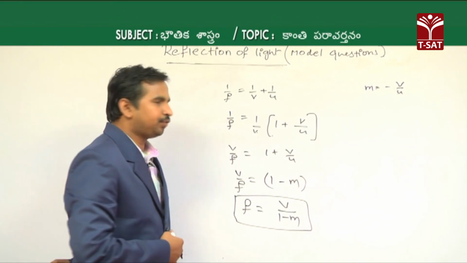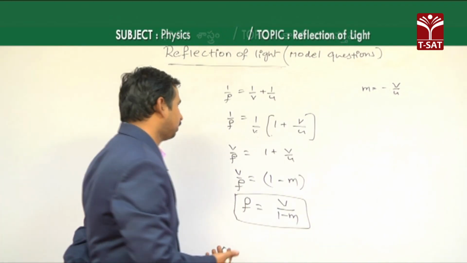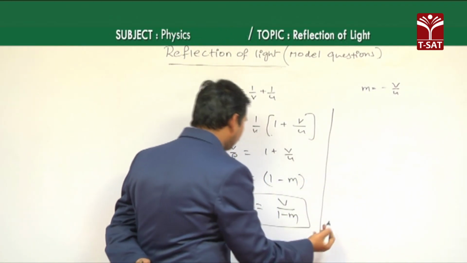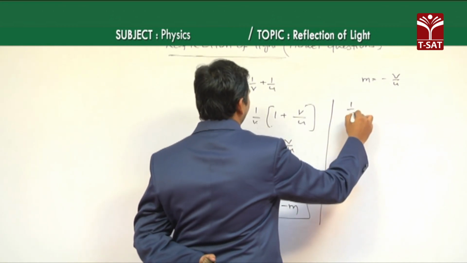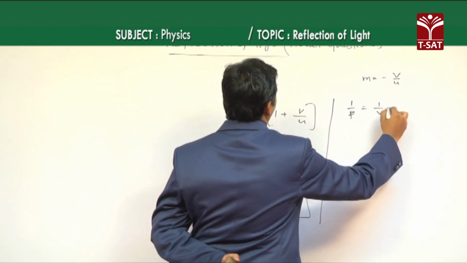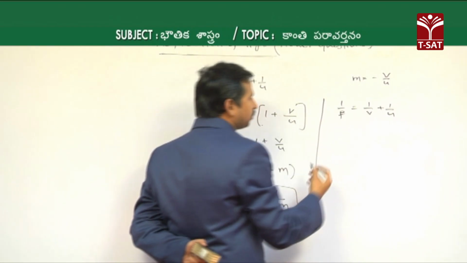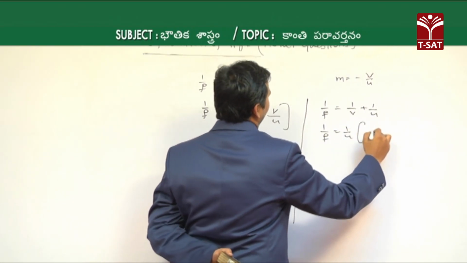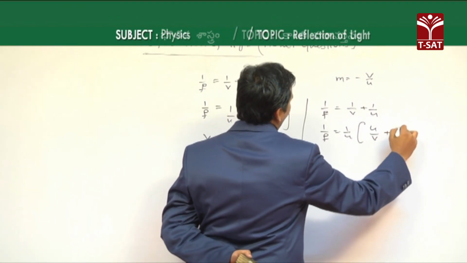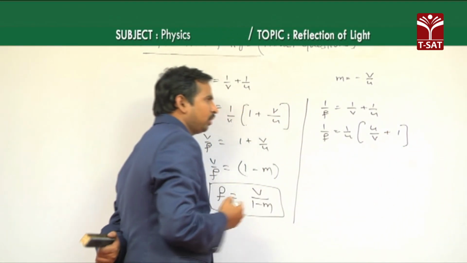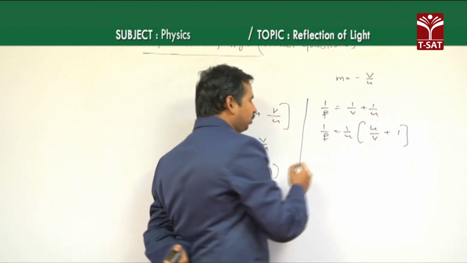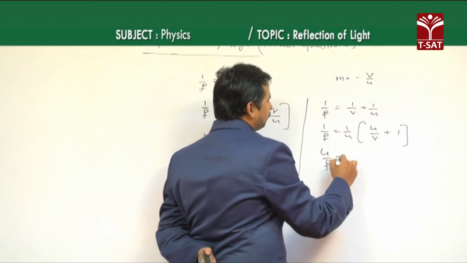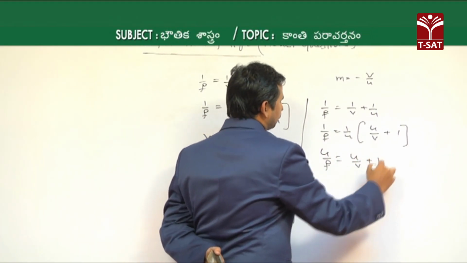In the same way, we can write it for u also. Taking 1 by f equal to 1 by v plus 1 by u, this time take u common: 1 by f is equal to 1 by u times (u by v plus 1). Bringing u to this side, u by f is equal to u by v plus 1.